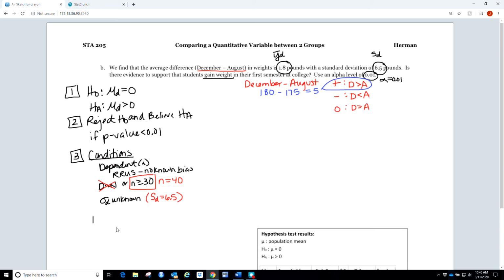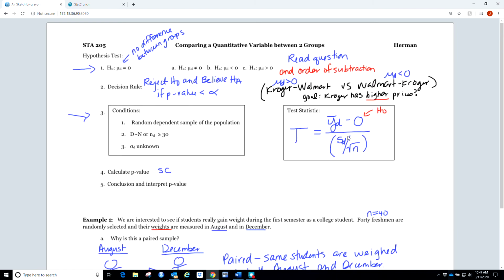The other part of step 3 is to do our test statistic calculation. So we're going to do our t. That looks like this. Notice we already have all these numbers labeled. We already have our y bar d to be 1.8. We already have our SD to be 6.5. And I already have my n to be 40.